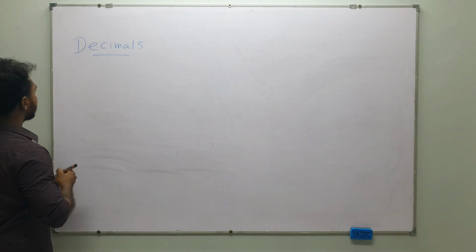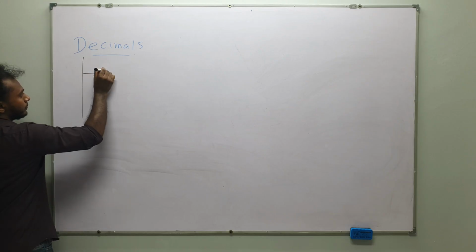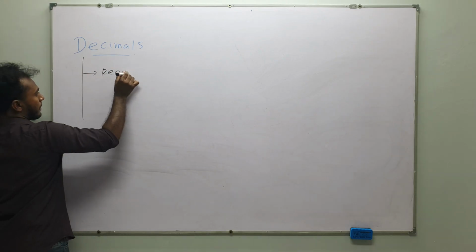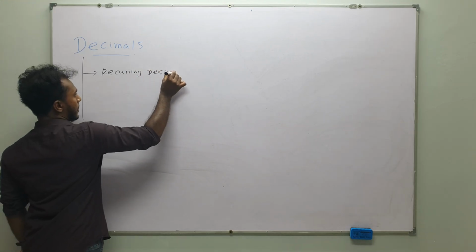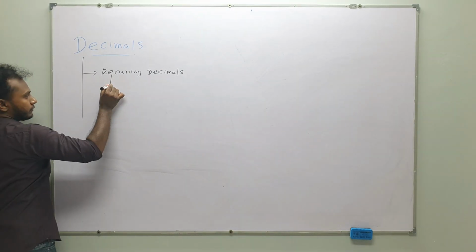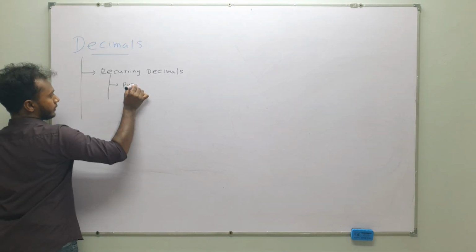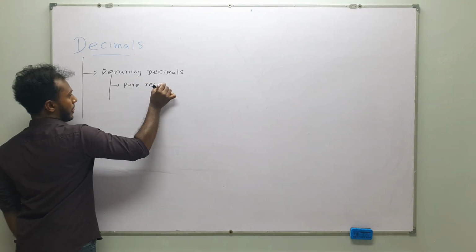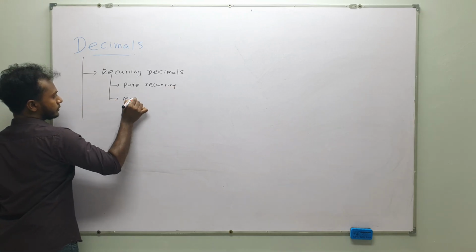All right. So when you're talking about decimals, we can divide decimals into a few sections. We have recurring decimals, and recurring decimals are again divided into two sections. One is pure recurring and the mixed recurring decimals.